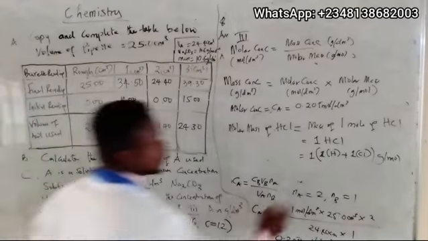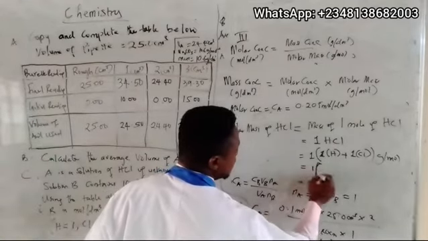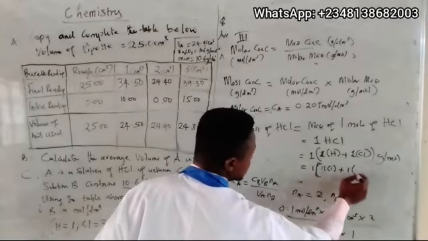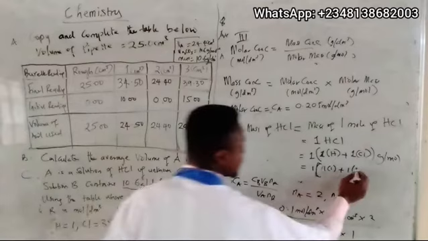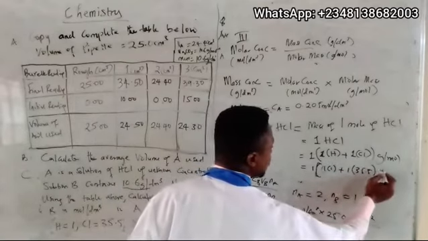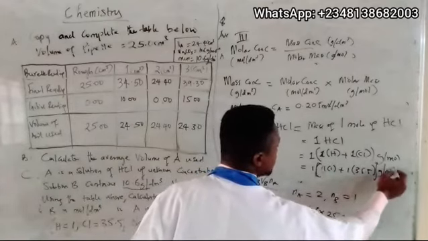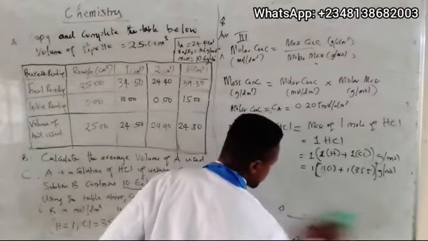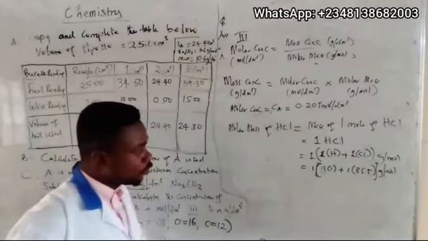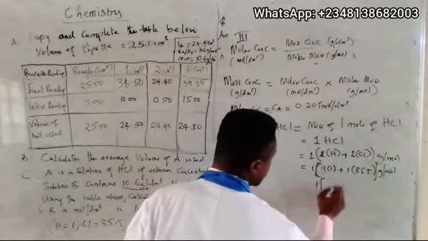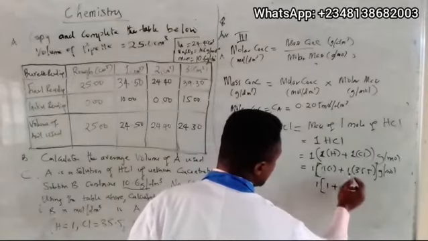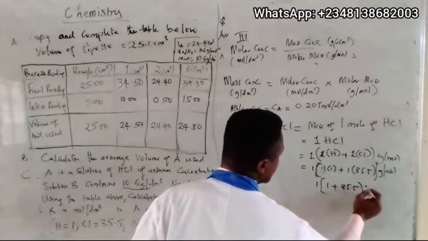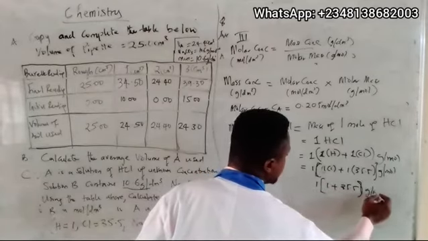Hydrogen is 1, so this becomes 1 times 1 plus chlorine, which is 35.5, all in gram per mole. If you multiply out, 1 times 1 is 1, and 1 times 35.5 is 35.5, all in gram per mole.